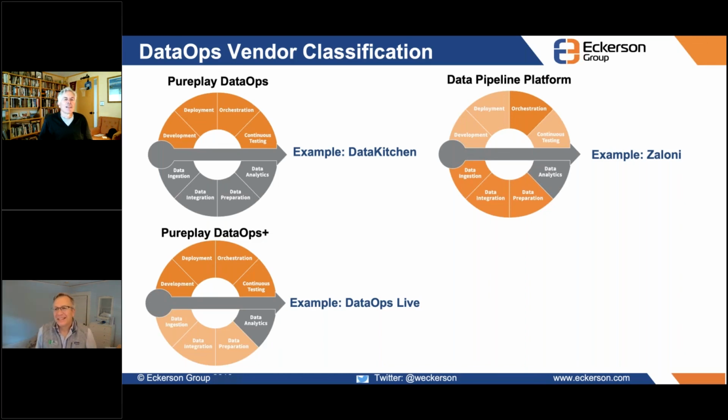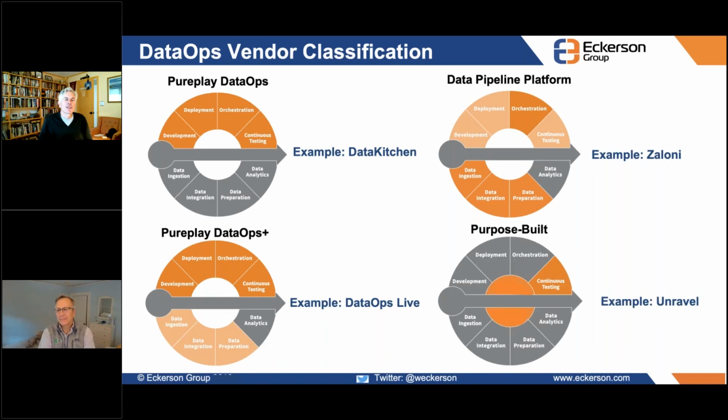Okay. All right, and the last example here are pure play vendors. So a company like Unravel focuses on continuous testing or monitoring, which we now call, for some reason I haven't quite figured out, data observability.